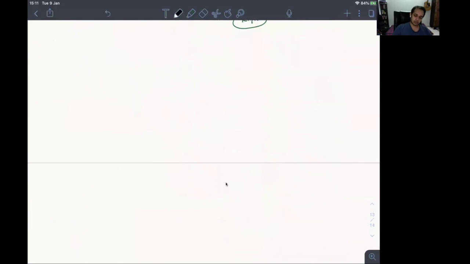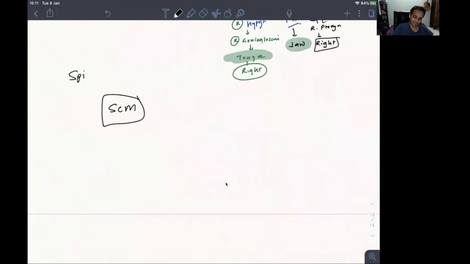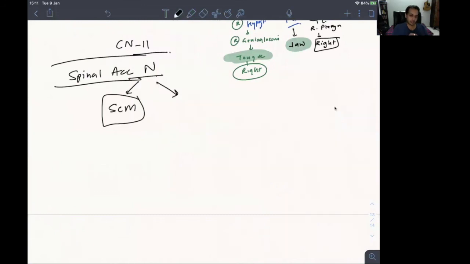Now, coming to your spinal accessory nerve, that is cranial nerve 11. Two muscles to be tested: sternocleidomastoid and trapezius. Trapezius is tested by shrugging the shoulder.